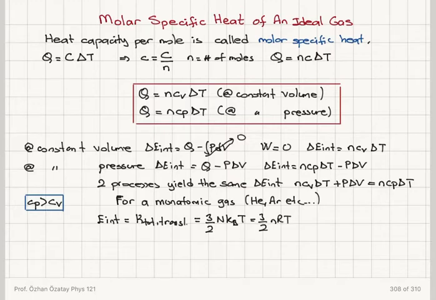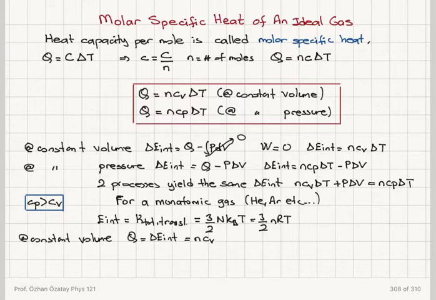Now if I have heat transfer to the system at constant volume for Cv, so if I look at this equation at constant volume, I have Q, which is equal to the internal energy change because there's no work.